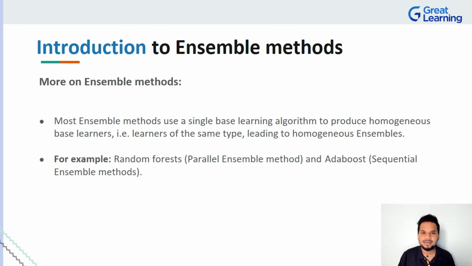And once these base learners are out there, we will know that they can be learners of the same type, which will eventually lead to a common homogeneous ensemble, right? So basically a common homogeneous ensemble is a situation where you have one algorithm producing similar algorithms, which at the end of the day have the capability to work on the same data to give you an overall increased efficiency of your machine learning model. That's a very complicated sentence, but I'm sure you understood that, right?